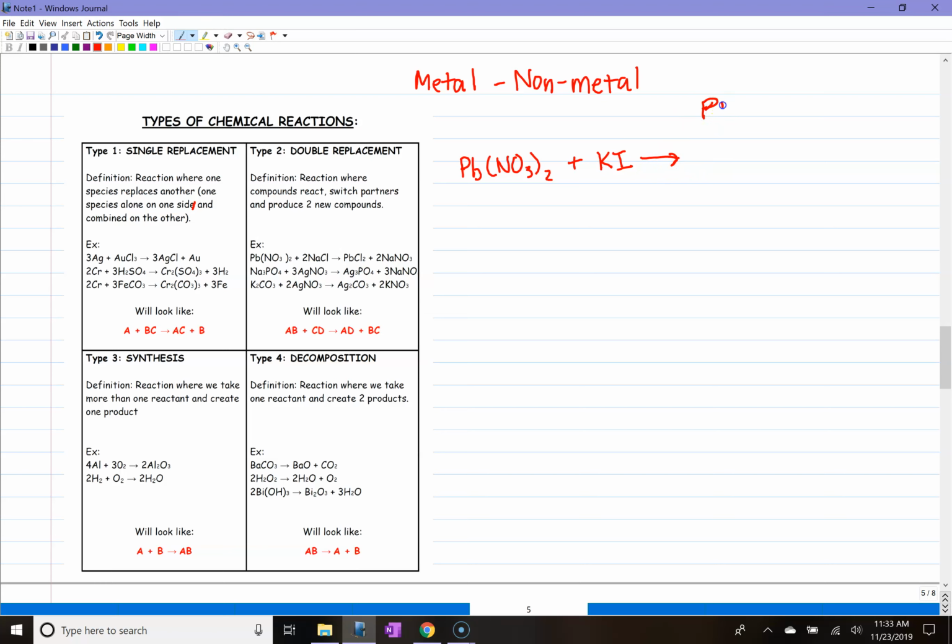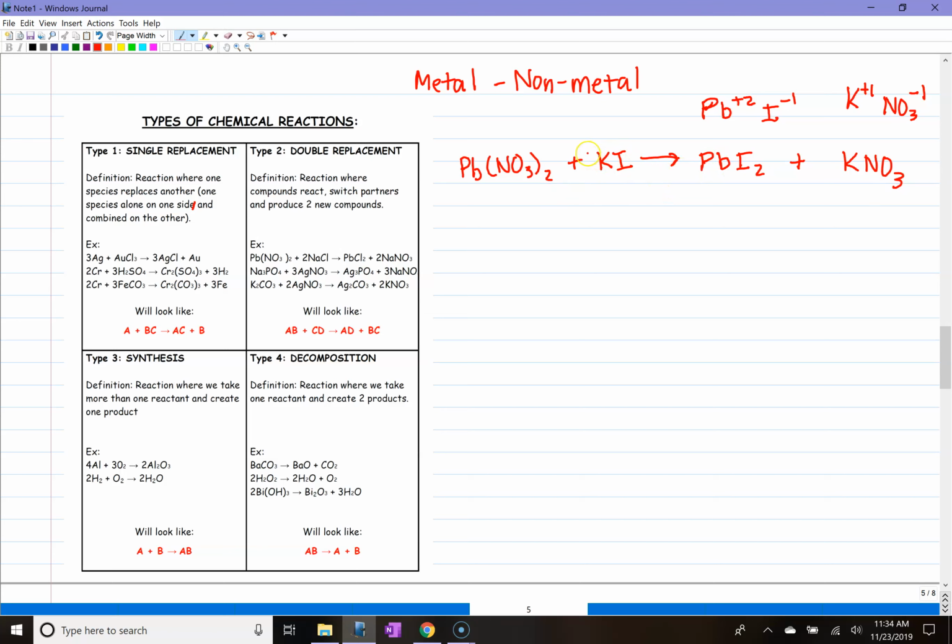So lead is lead 2, so it has a +2 charge. Iodine has a -1. So the product would be PbI2 plus potassium would now be with nitrate. Potassium has a +1. Nitrate has a -1. And so the product would be KNO3. And now I have to balance it.